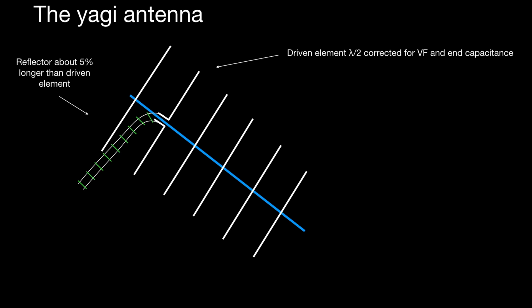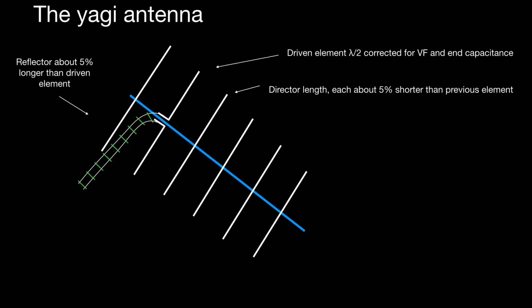The driven element will be, of course, lambda by 2, or it could be a folded dipole. It's quite often used on a yagi, and that'll be corrected for velocity factor and end capacitance, so it'll be about 95% of the free space calculated length.